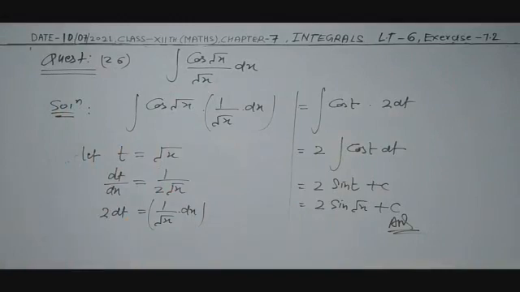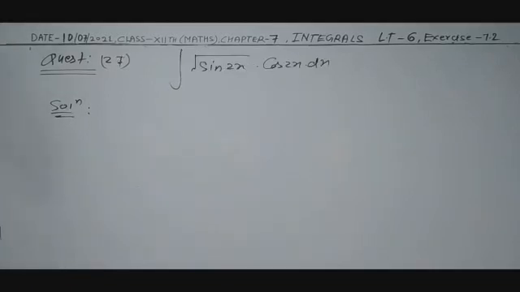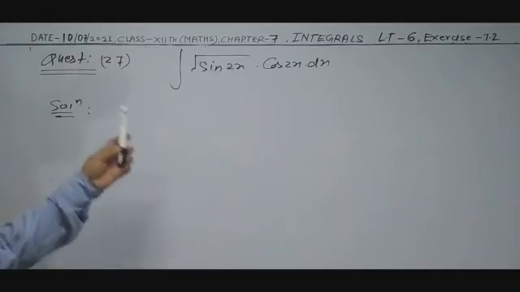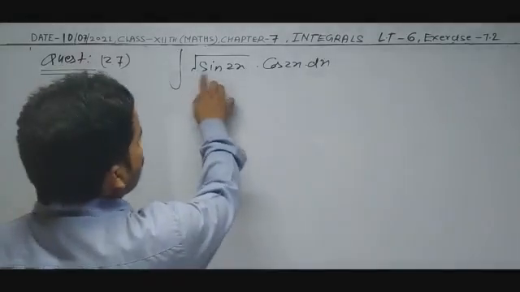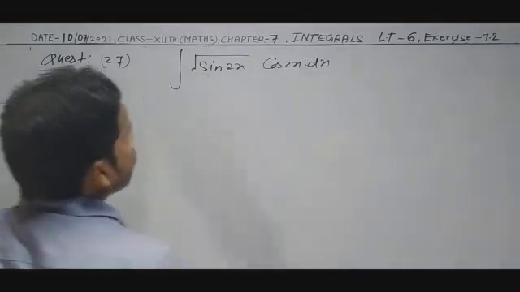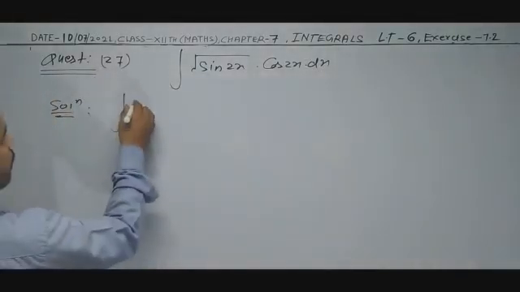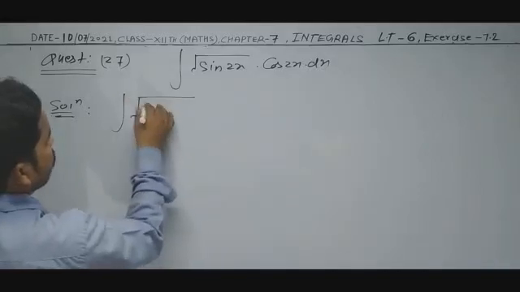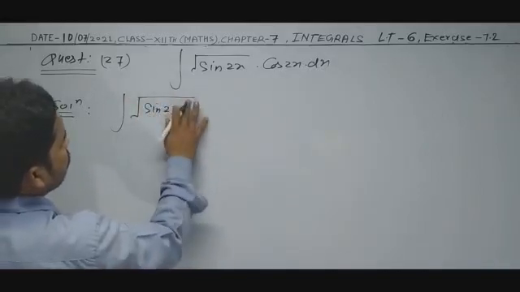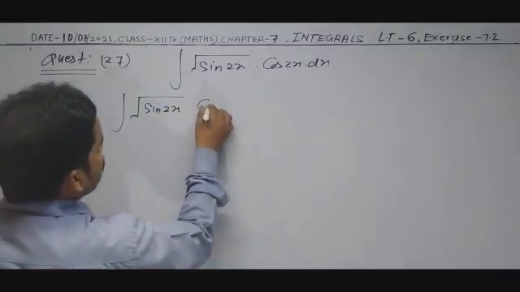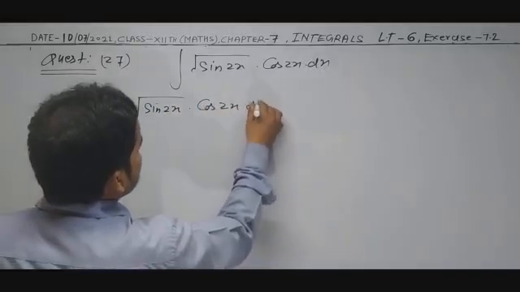Now come to the next question. Question number 27. Question number 27 is integration over root of sin 2x into cos 2x dx. So now first of all write the integral part, integration over root of sin 2x into cos 2x dx.